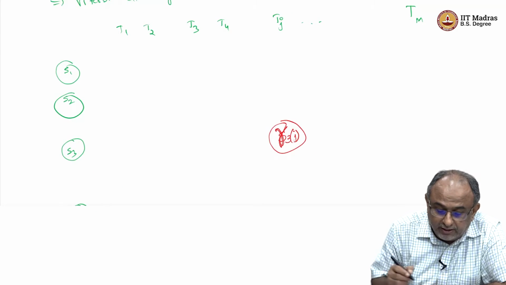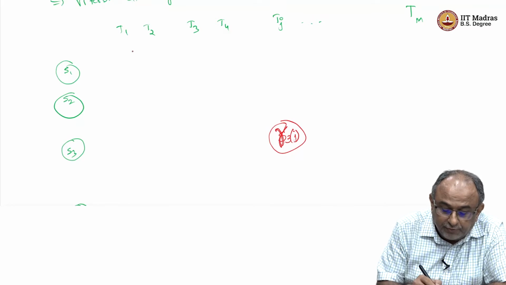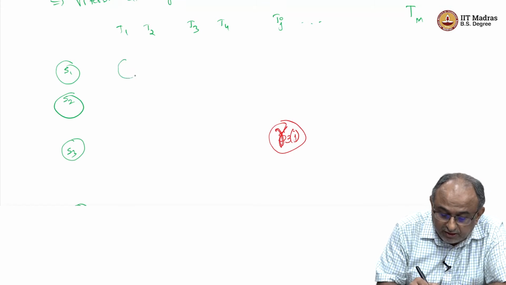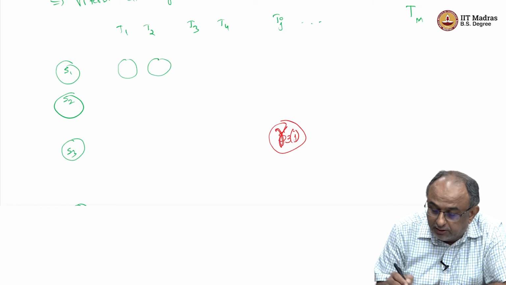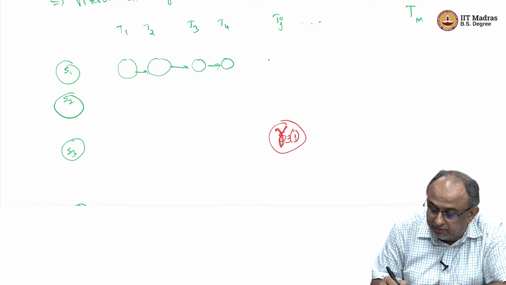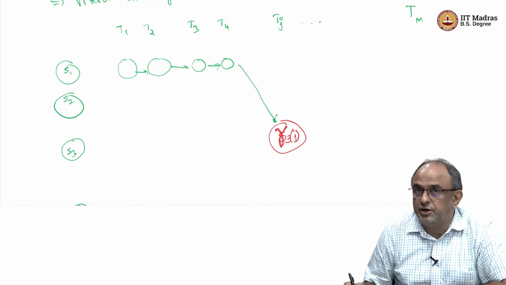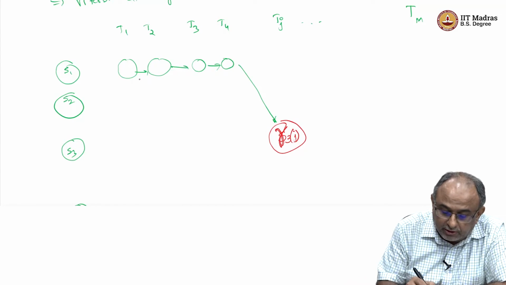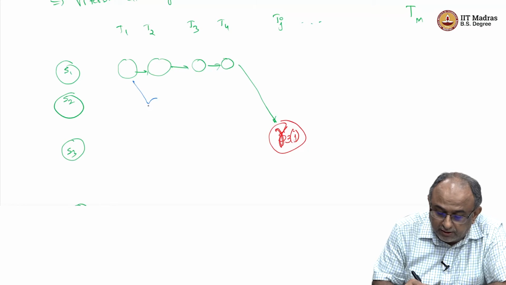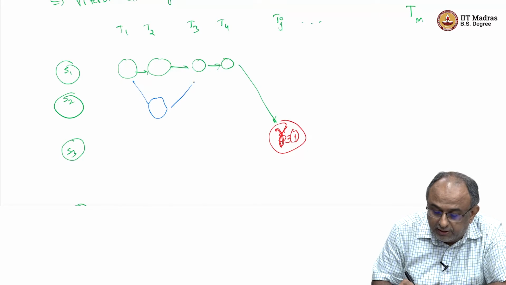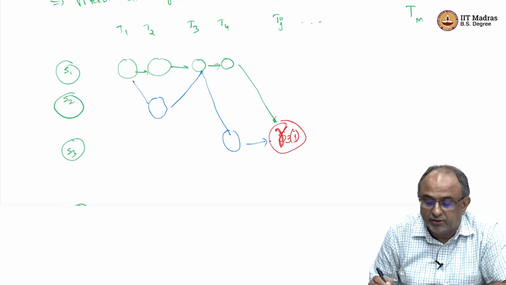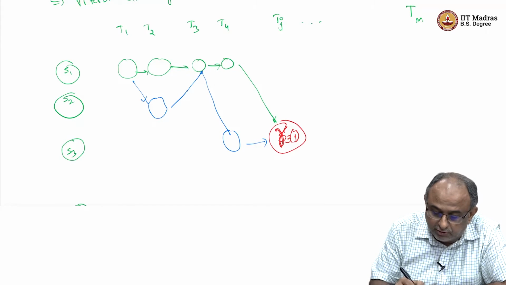It means that I could have come here by one path: S1, then S1, S4, like this. Or another path I could have taken is to come here, S2, then go back here, S3, then come back here, S4, and then come here.